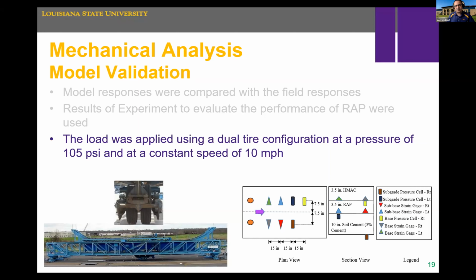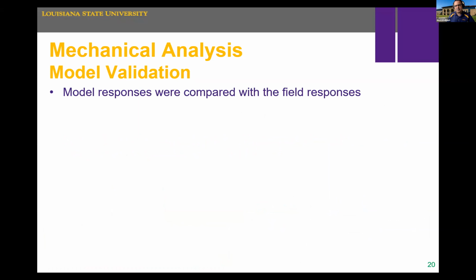The measurements were obtained using instrumentation. We had pressure cell and strain gauge, and these measurements were compared to the finite element model to see how accurate our prediction is.